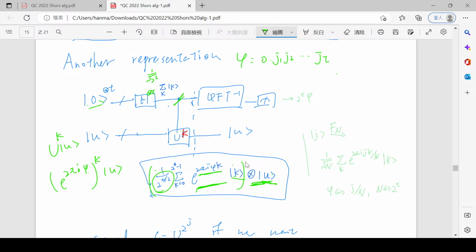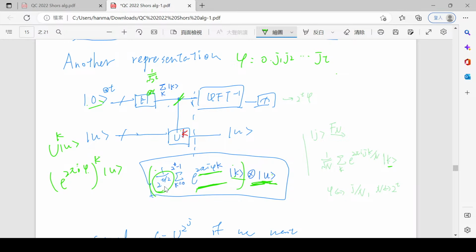Remember, with the Fourier transform on computational basis state j, it should become this state. This is what we had at the start of the class. So you have a computational basis state and a quantum Fourier transform, and it's a summation over all computational basis states k, with 1 over square root n and e to the 2 pi i j k divided by n.